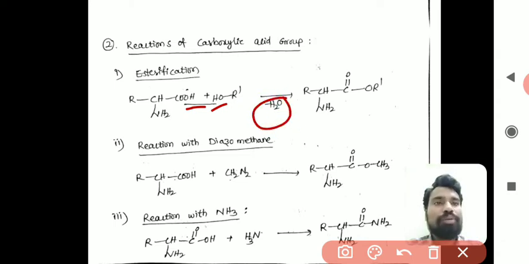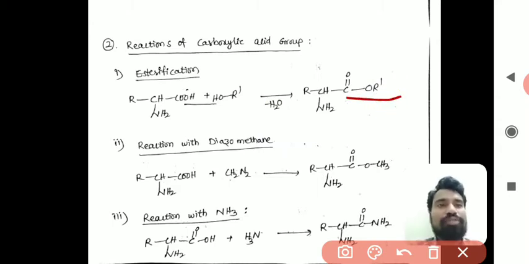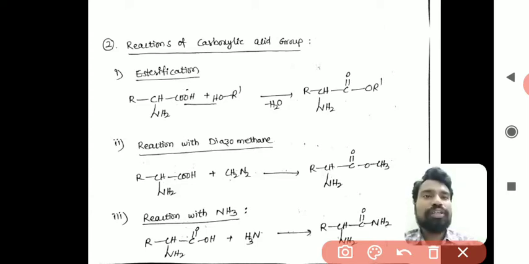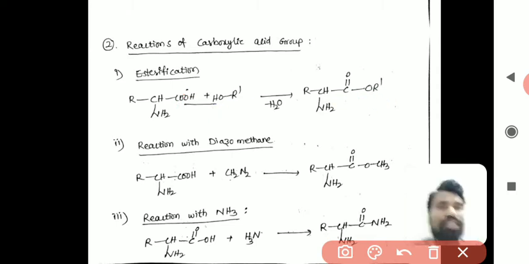So there is a bond formation between C double bond O and the alkoxide ion, resulting in an ester formation, an amino ester formation here, right? So the amino acid's carboxylic acid group is reacted with alcohols and forms esters. So this is an esterification reaction of the carboxylic group of the amino acid.